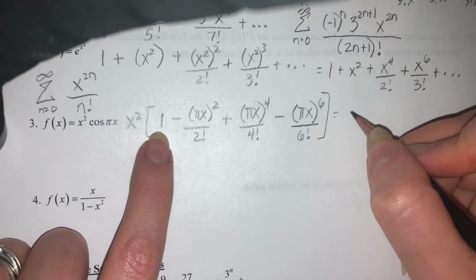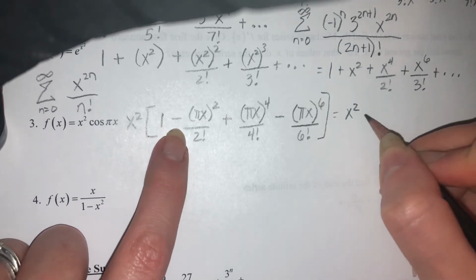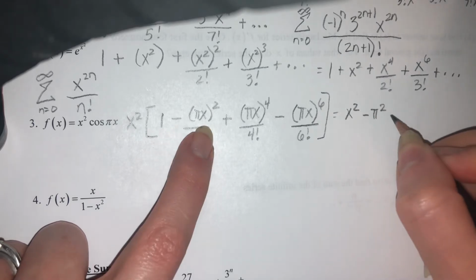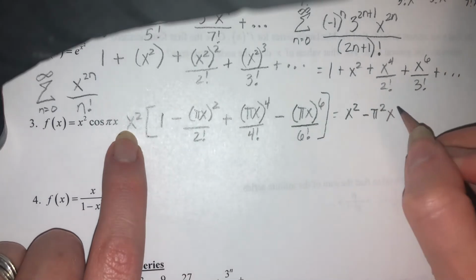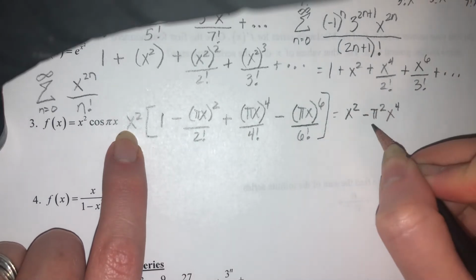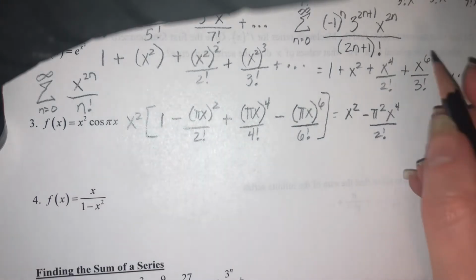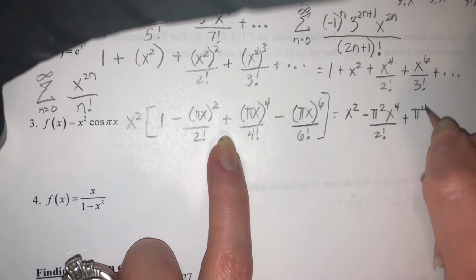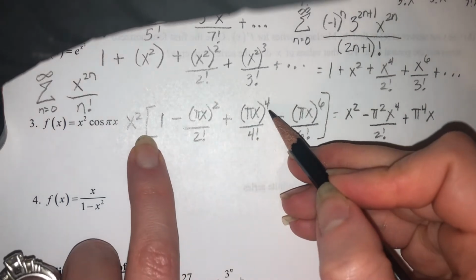So my first term is x squared times 1, so just x squared, minus pi squared, then this is x squared multiplied times x squared, so that's x to the 4th over 2 factorial, and then I have plus pi to the 4th, and then this is x to the 4th times x squared.